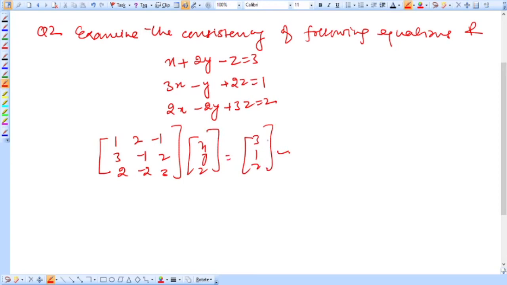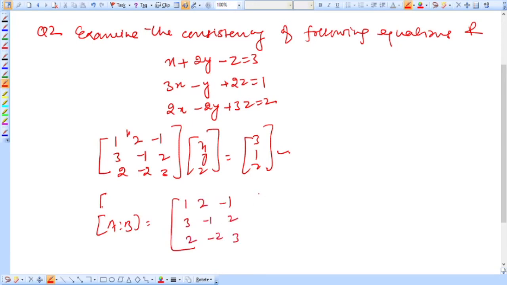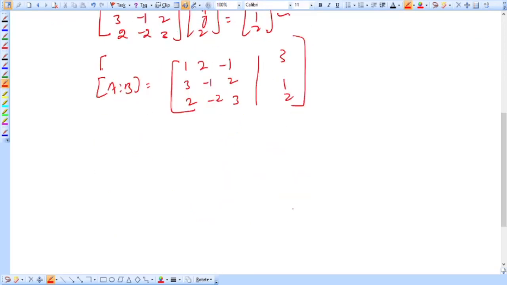So the augmented matrix becomes 1 2 minus 1, 3 minus 1 2, 2 minus 2 3, and 3 1 2. So this is the augmented matrix.